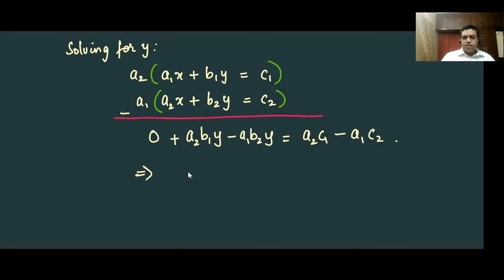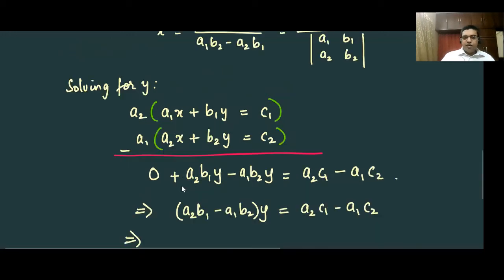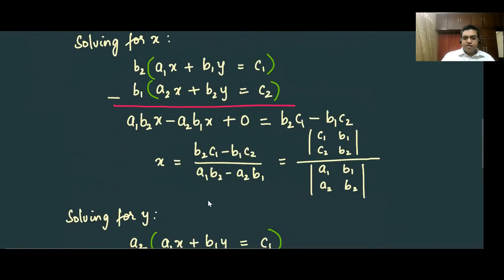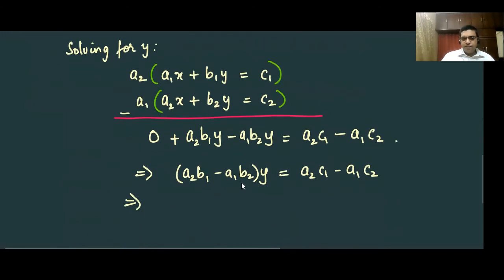So what we get is a2 b1 minus a1 b2, times y, is a2 c1 minus a1 c2. To make it uniform with the previous result, a1 b2 minus a2 b1, we multiply this equation throughout, both sides, with a negative sign. When we do that, the signs within the bracket reverse.